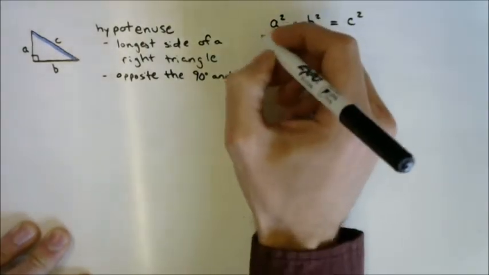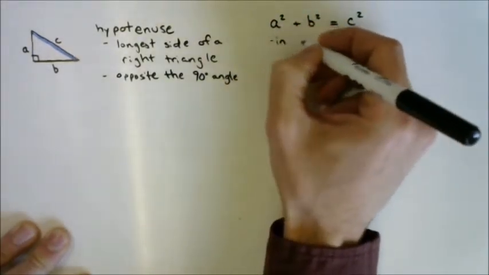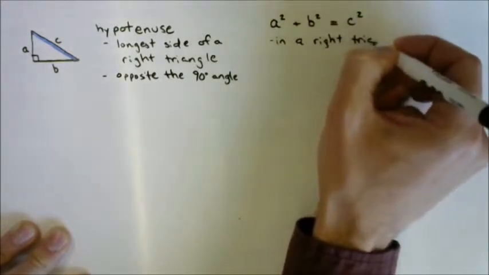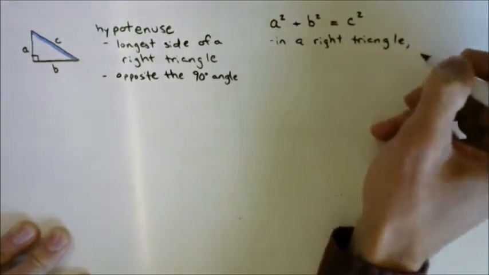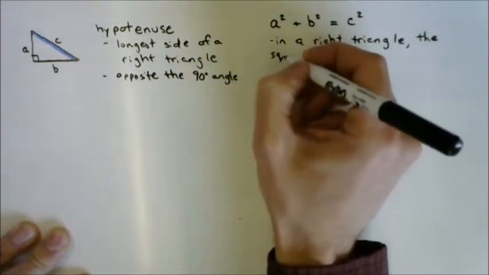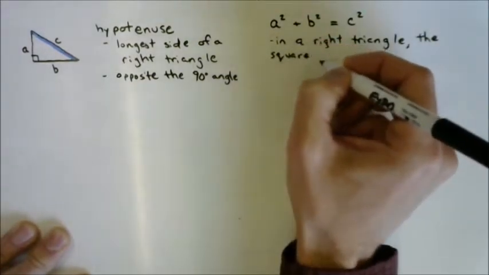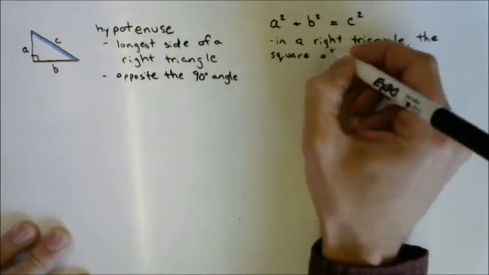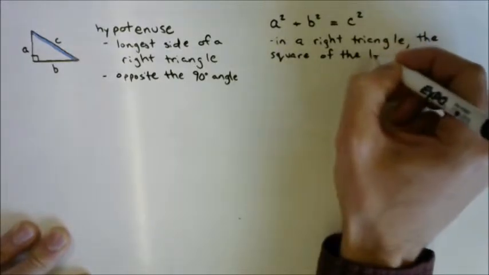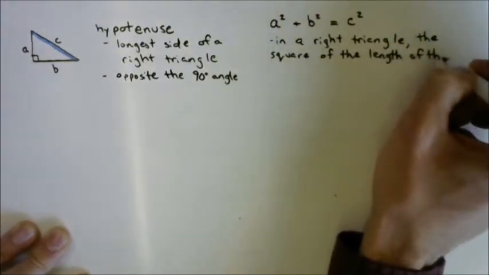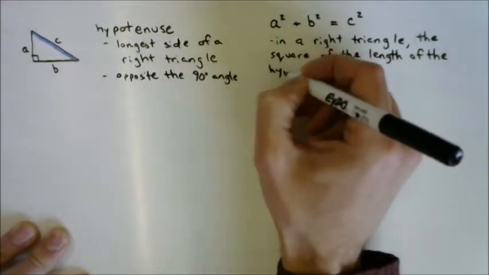Here's a couple of notes. In a right triangle, the square, and this is going to be a bit wordy, but it will make sense once we think through it. The square of the length of the hypotenuse, I'm just going to use hype.